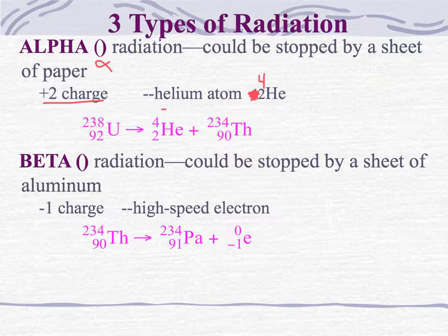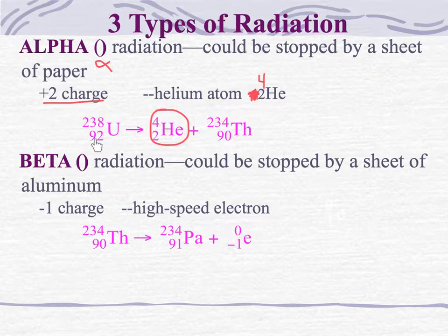So in this particular example, since it is alpha radiation, you'll notice right there that an alpha particle is being released. It will release a helium atom. In the process, it's going to produce thorium. We know that it will produce thorium because of the law of conservation. On each side of the arrow, we have to make sure the numbers on top and bottom add up on both sides of the arrow.